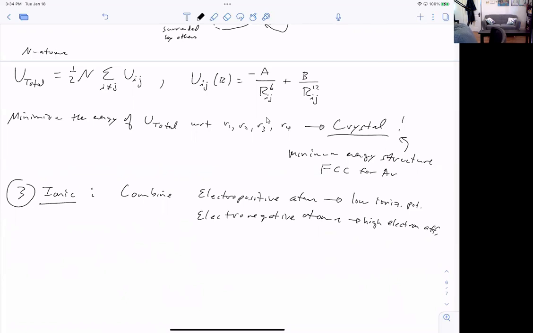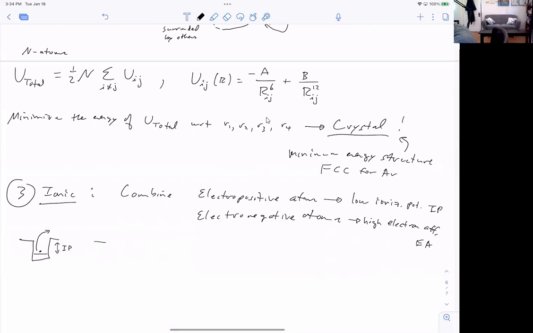Ionization potential is IP. Electron affinity is EA. Let's remind ourselves what that is. If I have an atom where there's some electron here, then for this electron to jump out, this energy is the ionization potential.